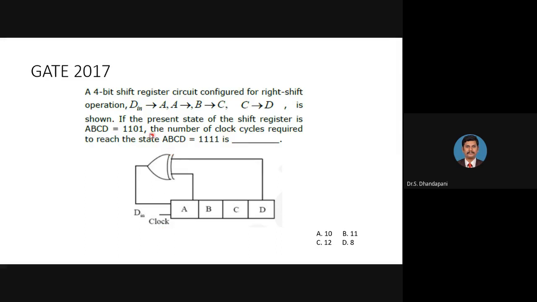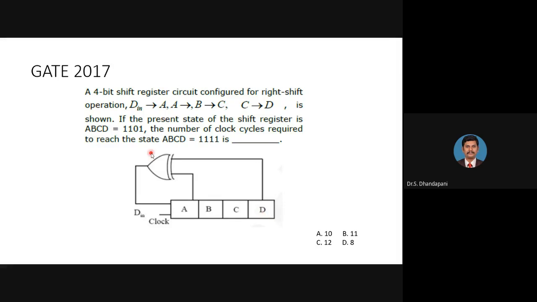Now, assume the present state of the shift register, 4 bits A, B, C, D, equal to 1101. As per the circuit diagram, after how many clock cycles will the value of A, B, C, D be equal to 1111? We want to analyze the circuit, then only we can find it.